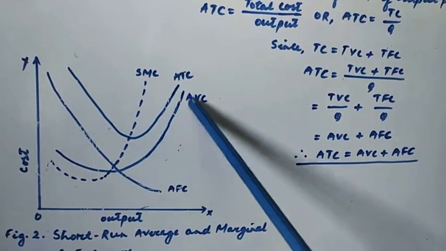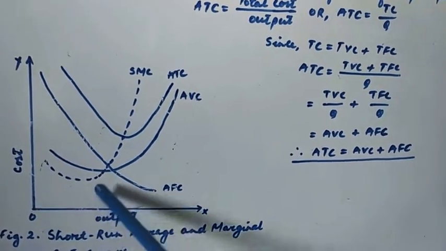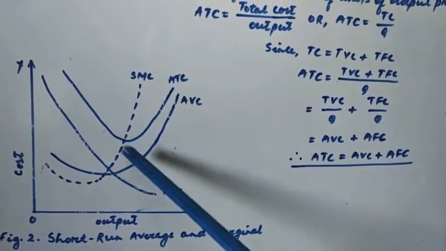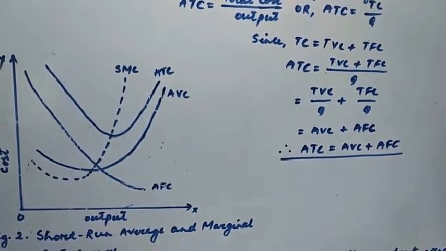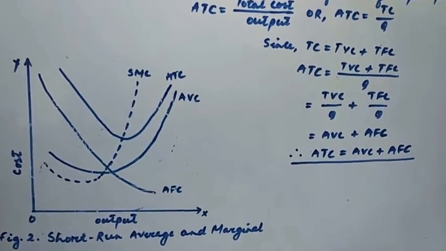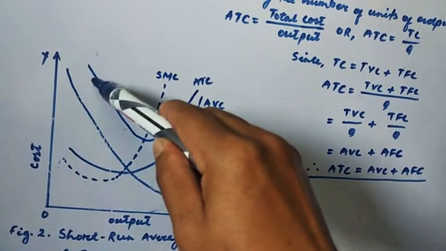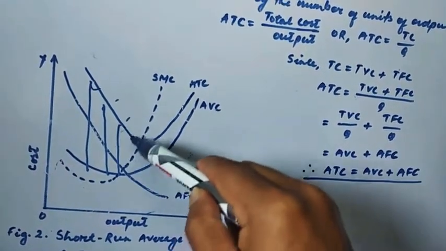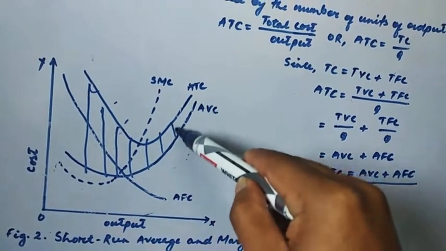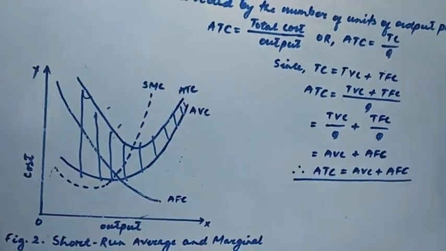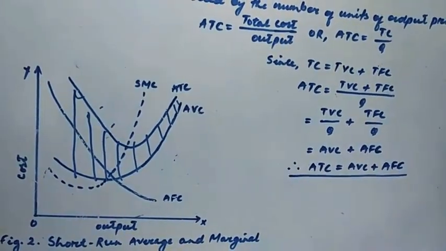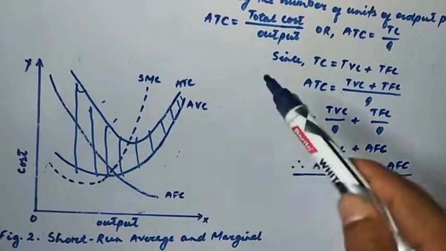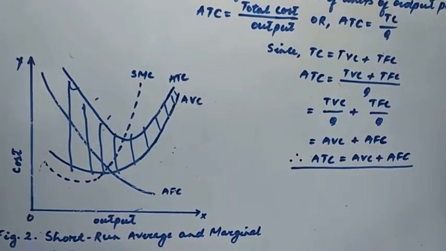What happens to both these curves? As we increase the level of output, the vertical distance between ATC and AVC keeps on declining. So that is the relationship between the ATC and AVC curves when output increases.